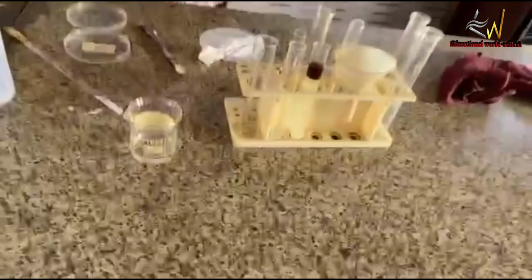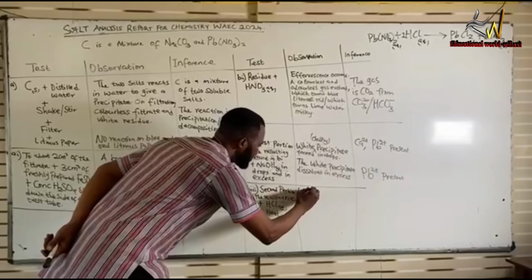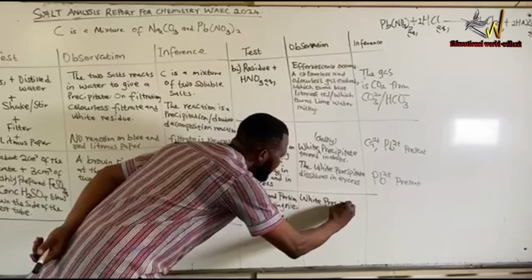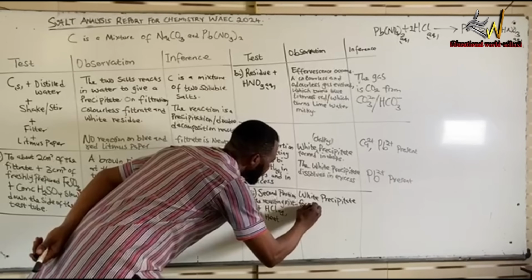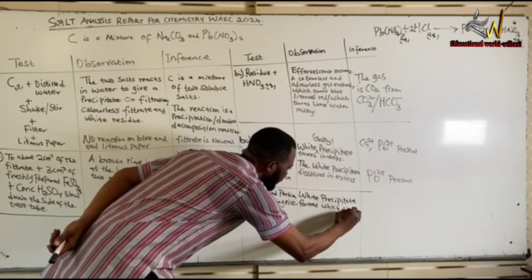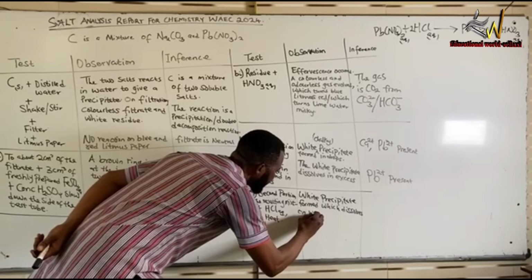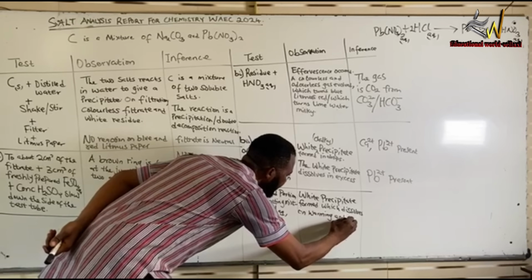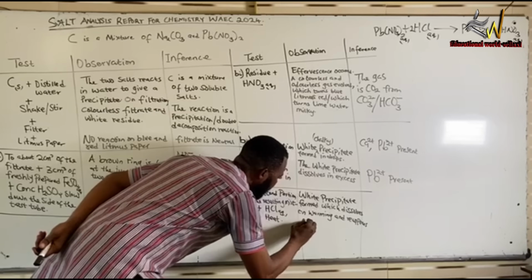Now let's take down our reports. White precipitate formed, which dissolves on warming and reappears on cooling.